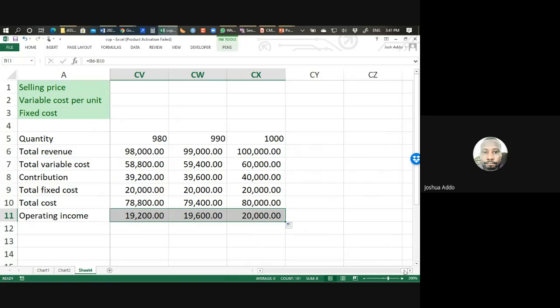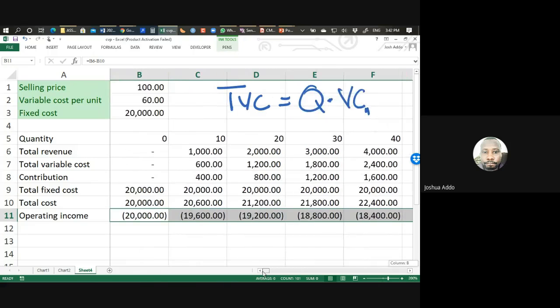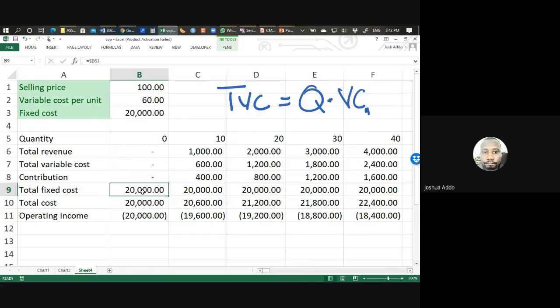And that's the kind of picture we want to portray in this kind of analysis. Okay, so when we sell 0, this is our profit, negative 20,000. We sell 10, our profit reduces from negative 20,000 to negative 19,600.